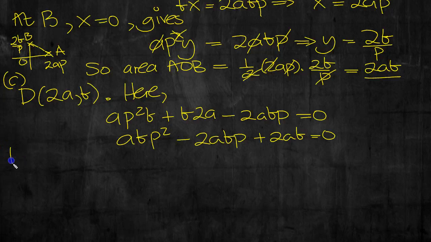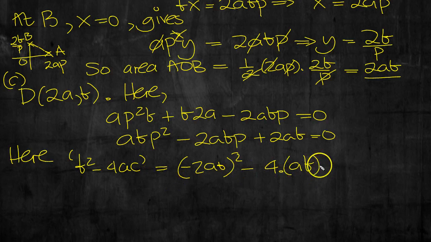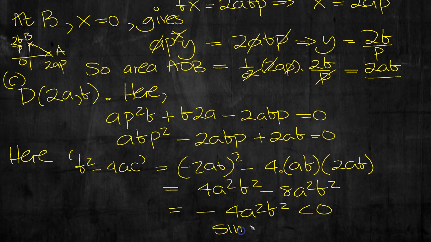So let's have a look at the discriminant here. b squared minus 4ac is equal to this, minus 2ab, squared, minus 4 times this a, which is this value, and times c, which is this value, 2ab. 4a squared b squared minus 8a squared b squared, which equals minus 4a squared b squared, which we know is less than 0 since a and b are positive.